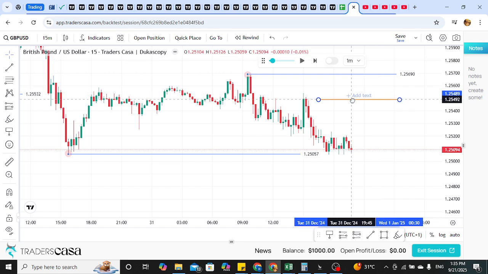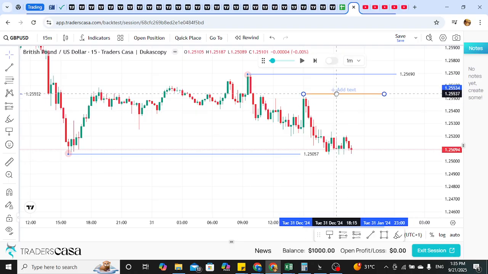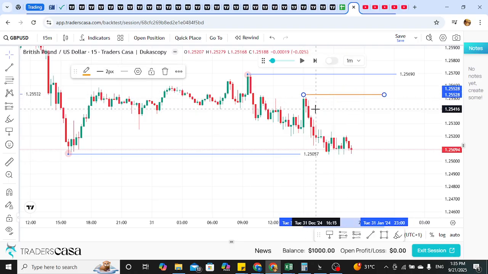What we want now is to find the nearest, the latest pullback from this low. Okay, so we have an evident one here. Do we have somewhere something closer? Well, let's look at these candles. From a glimpse, it looks like this is a pullback, but they're all engulfed in this candle. So this is not a valid pullback.